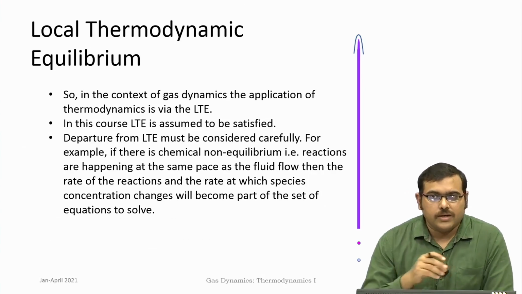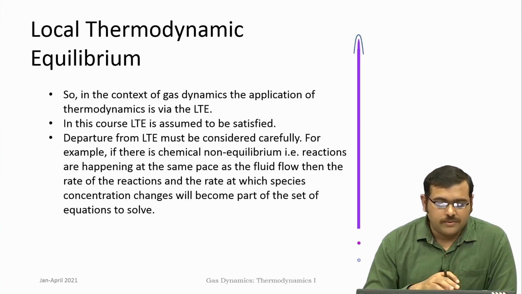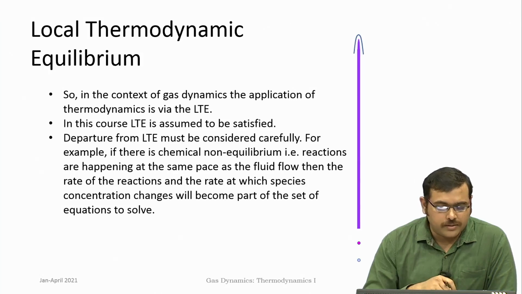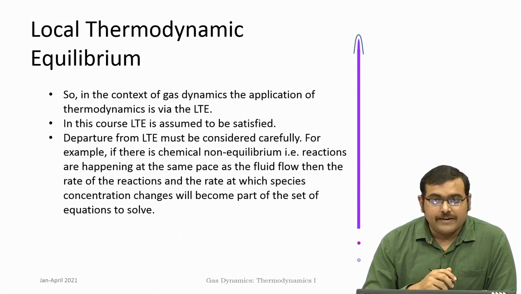So we are going to deal only with cases where the local thermodynamic equilibrium is valid, and it is assumed to be satisfied. Departures from local thermodynamic equilibrium must be considered very carefully.